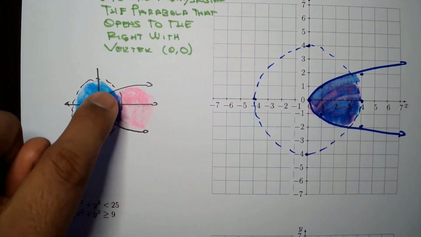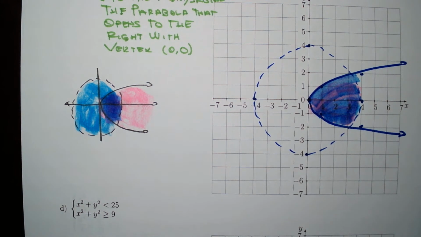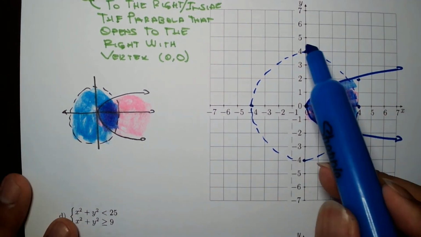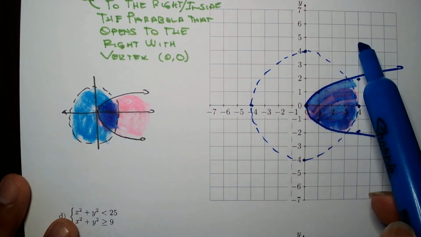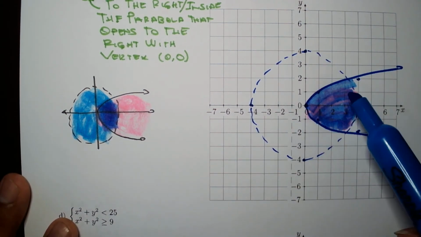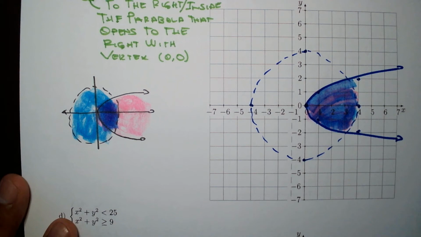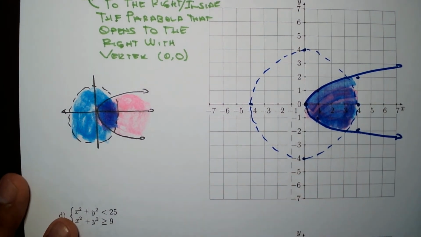Blue, pink, purple. We're looking for the purple. Again, when you do this in MATLAB, after drawing the dashed circle and the solid parabola, you're going to have 1, 2, 3, or 4 possible regions to shade. You are going to choose this one.